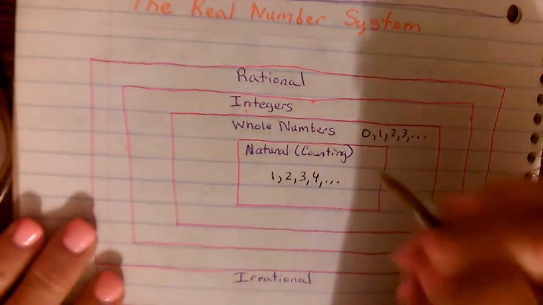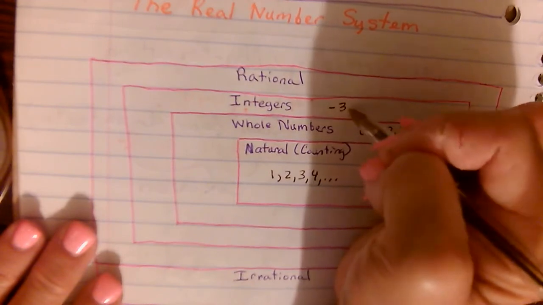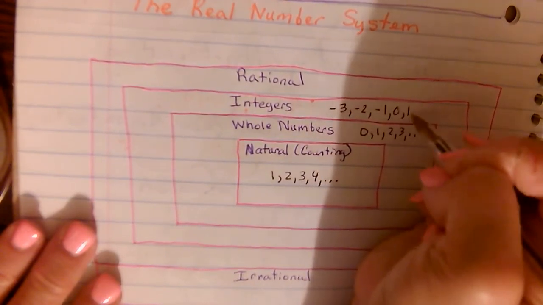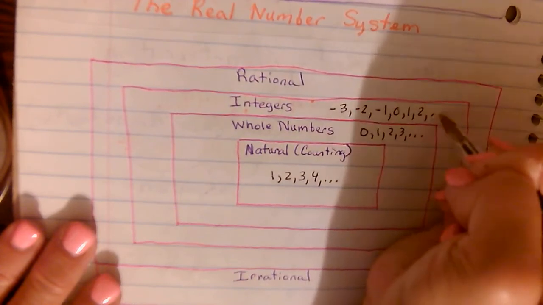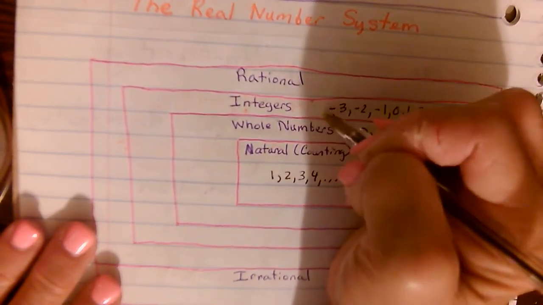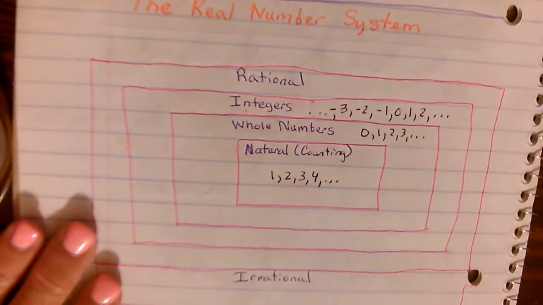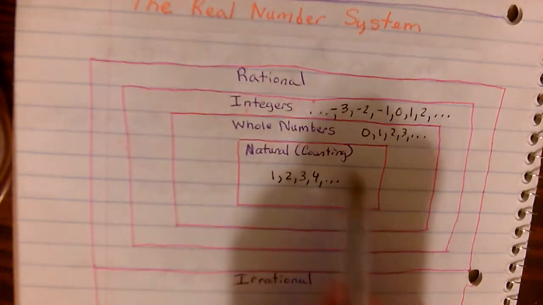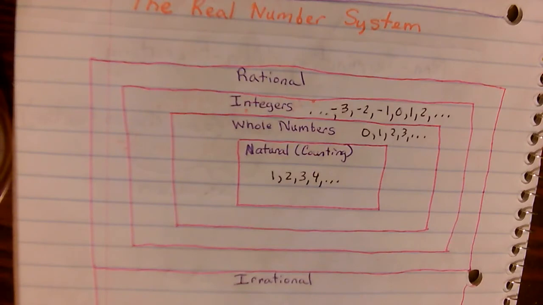So integers would be like -3, -2, -1, 0, 1, 2, and this goes on infinitely in both directions. So integers are whole numbers, or you could say natural counting numbers, and their opposites, and 0. And integers include all these numbers inside the boxes within the integer box.